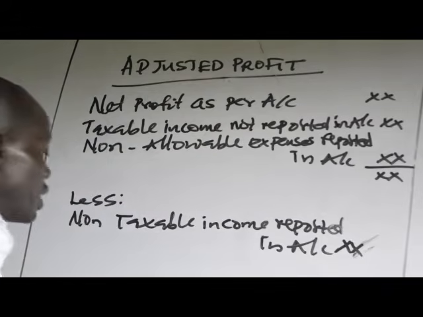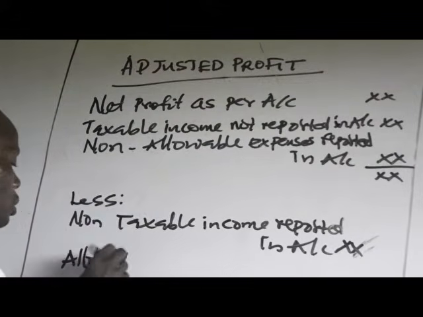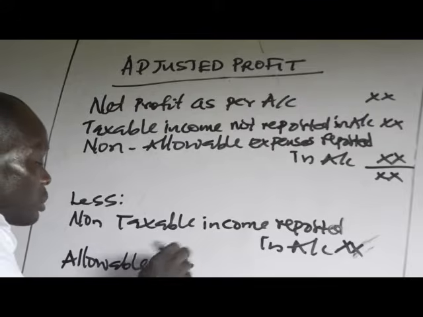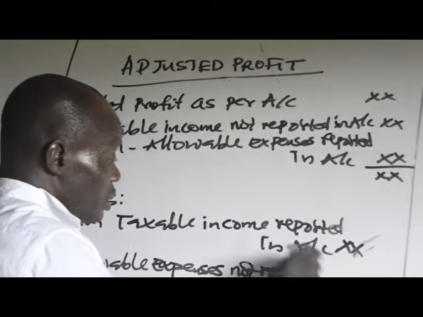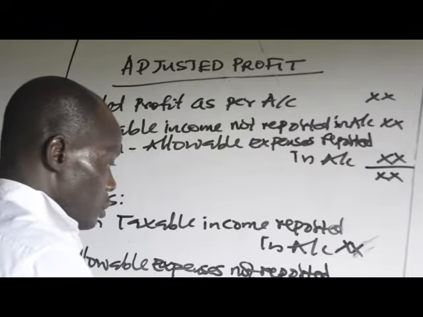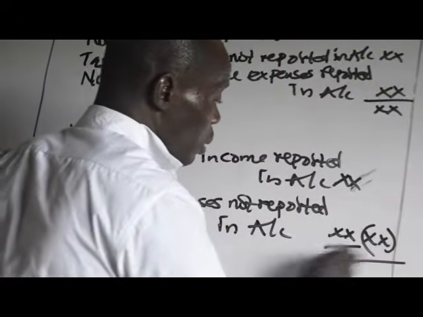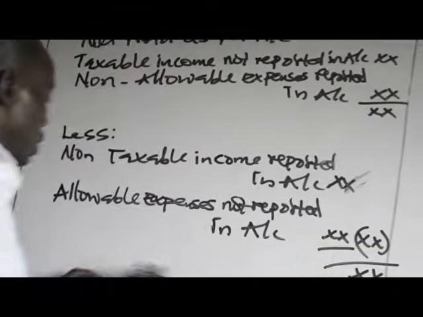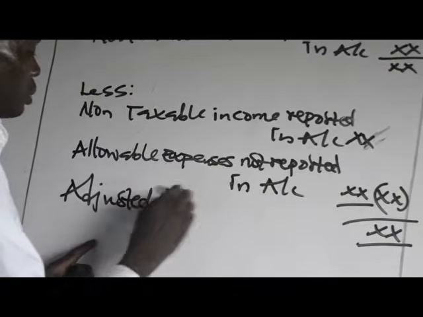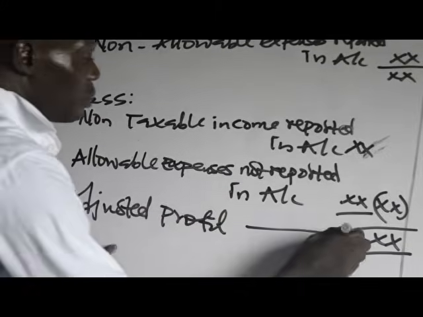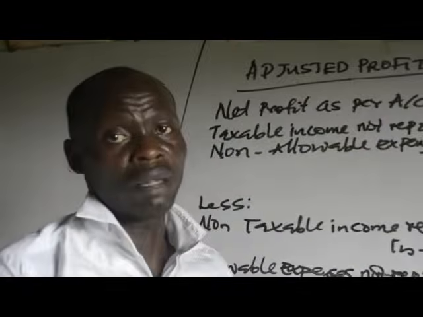Then we also less the allowable expenses not reported in account. So after deducting this, you arrive at the adjusted profit for tax purpose. This method has been considered in part 1.